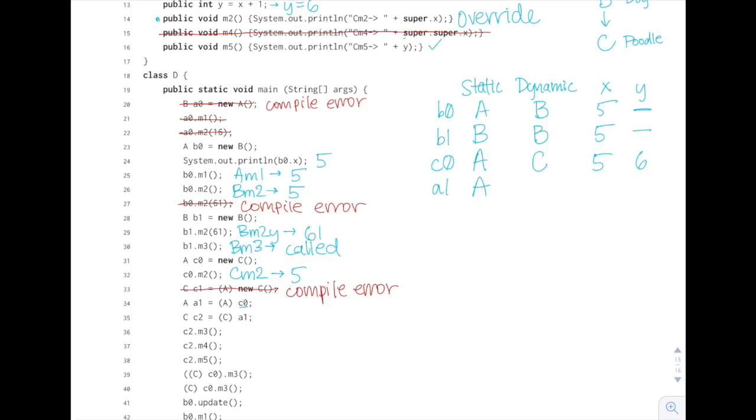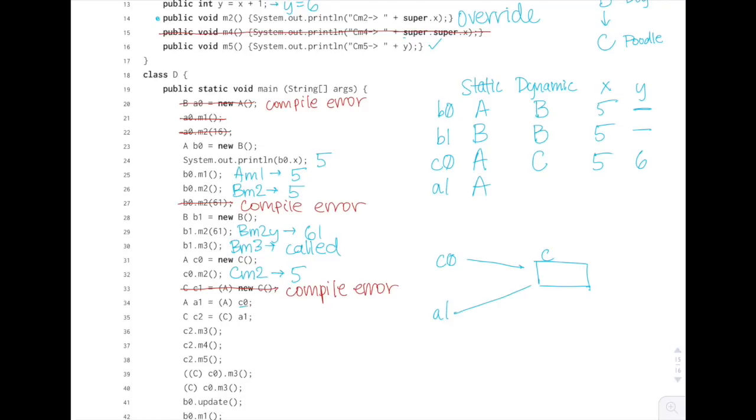So let's imagine in memory we have C0 pointing to a C object in memory. So now what we're doing is saying, okay, A1 equals what C0 is. So A1 will also point to that exact same thing in memory, right? Even though there's a cast there, that's okay. Once we bypass the compiler, just ignore the casting, okay?